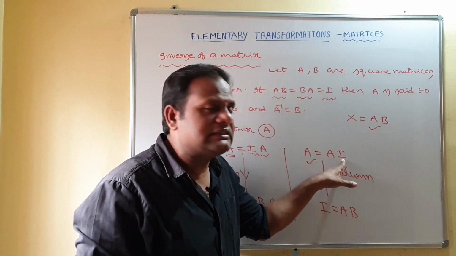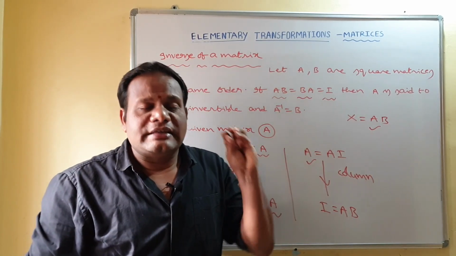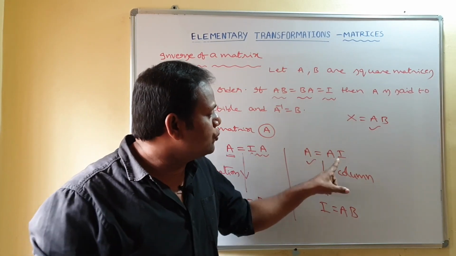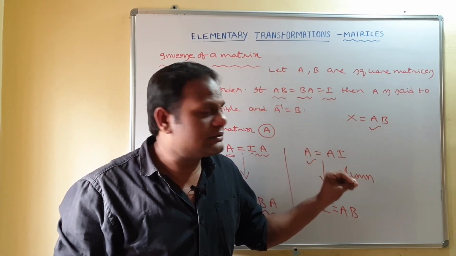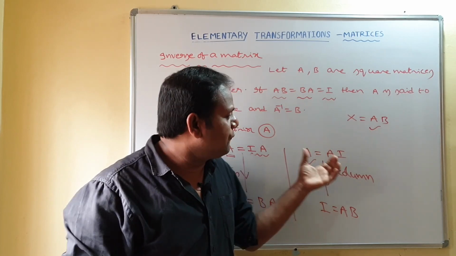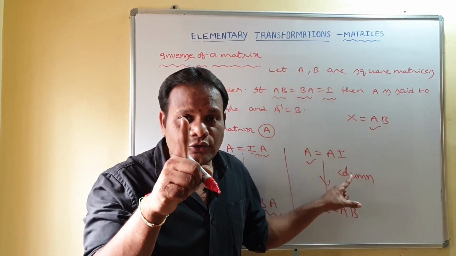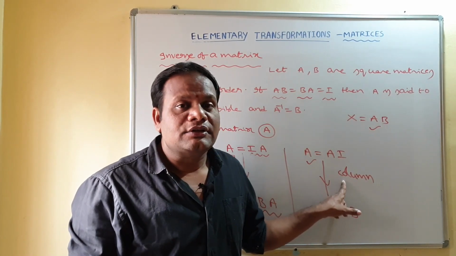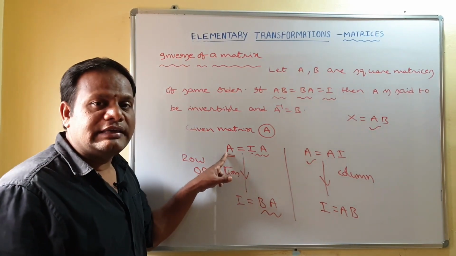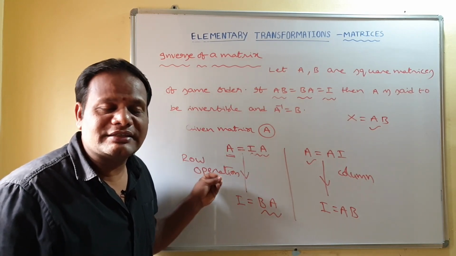So if you want to apply elementary column transformations, you apply those column operations on the matrix on the right-hand side. So for that, you take A equal to AI if you want to apply column operations. If you want to apply row operations, you take A equal to I into A. I think you understand this.